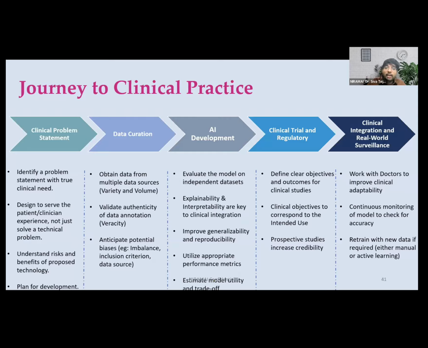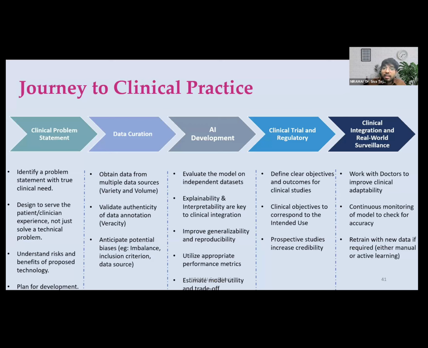If you just use this data set and develop the model, but forget that these are a symptomatic population, and apply this model on an asymptomatic population, you would end up giving high scores or very low scores for the asymptomatic population. So it's important that you identify the limitations of your models and the biases that you have. Once you figure that out, you can have different AI models developed to mitigate these biases and evaluate them on independent data sets.